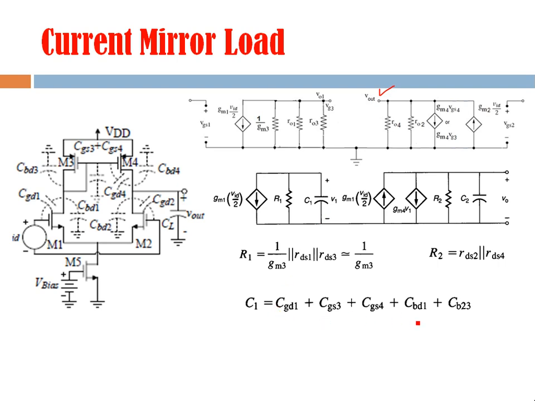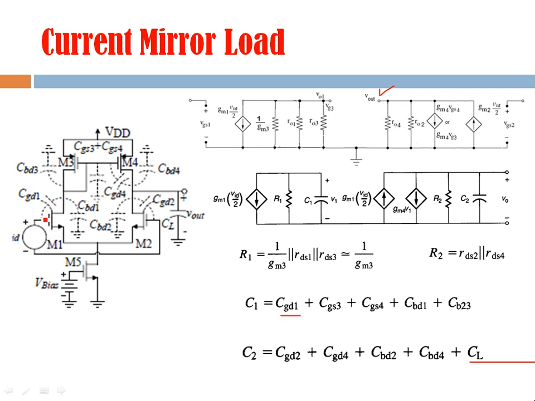All the capacitive components which are connected between this node and ground are included in C1. In the same way we can write the expression for C2, and you see it includes CL also, because this is our final output, and the CL is also included, right? And you can see again in both these expressions there is CGD1, gate drain capacitance.